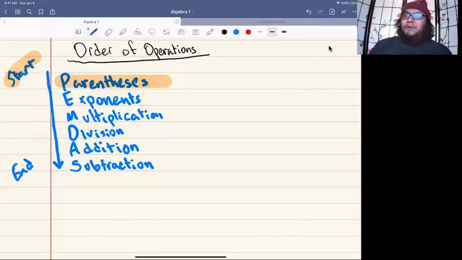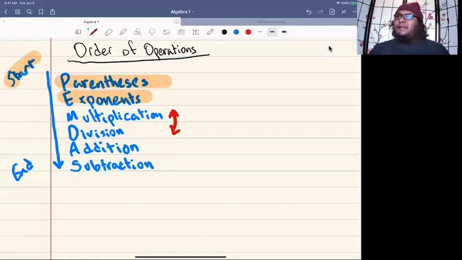PEMDAS is a good way to remember it, but it's not the perfect way. Although this order is important, you will do parentheses and exponents in that order. One thing that's important to remember is that multiplication and division are interchangeable.